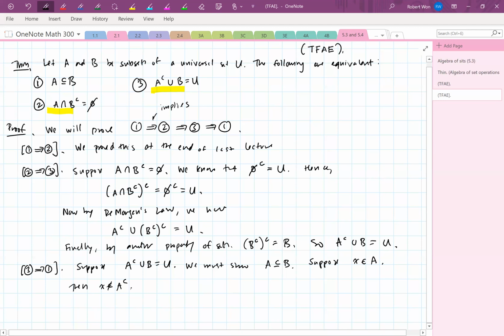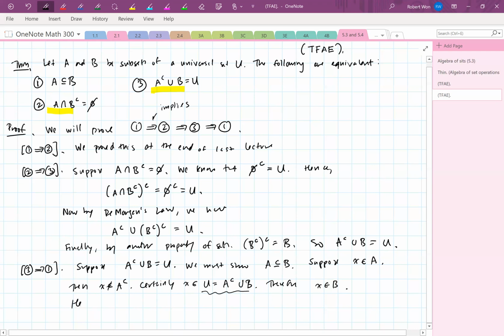That's by the definition of the complement. Okay, but certainly X is in the universal set, which is equal to A complement union B. So if X is in this set, but it's not in A complement, it must be that X is in B, right?